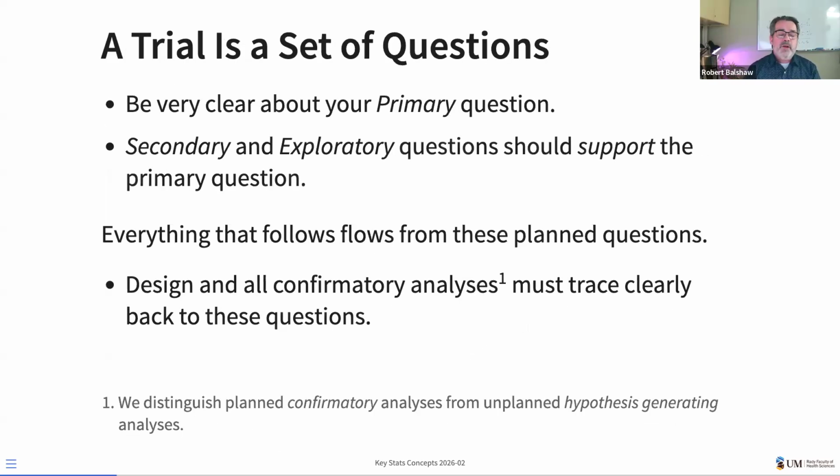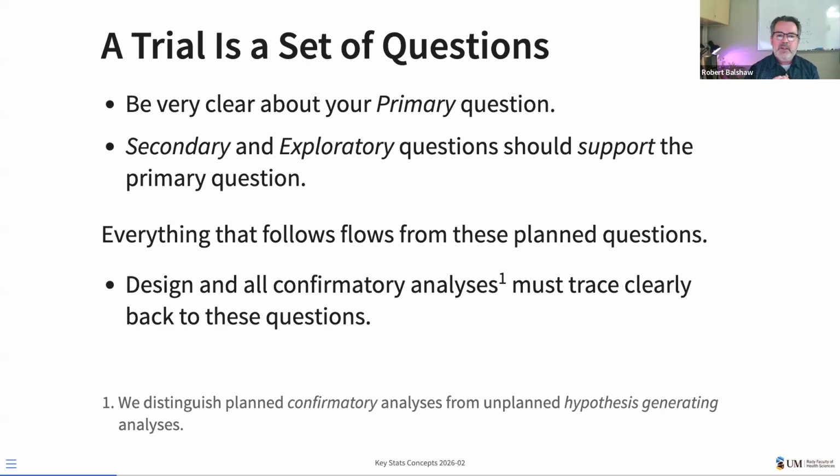So, starting point: a trial is a set of questions, and one of the most important things you can do is establish what your primary question is. The importance of the primary question is really essential. If a jacket is built off of the shoulders in men's clothing, then the primary question is the shoulders.